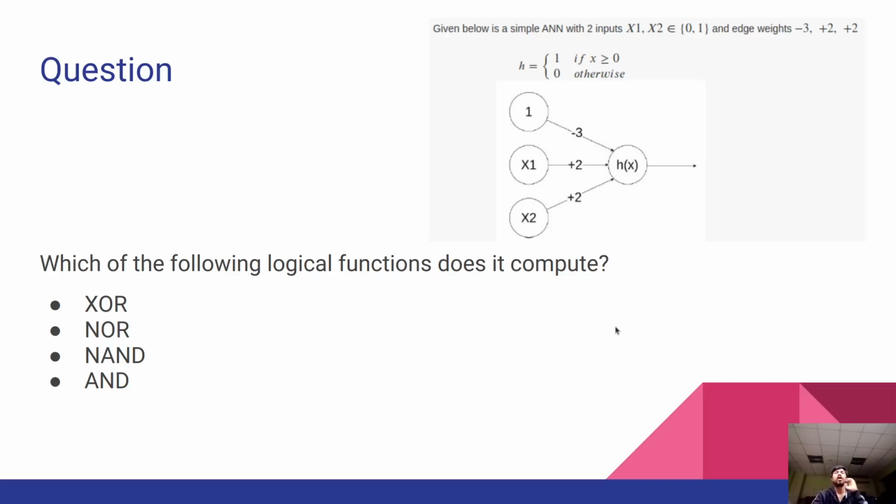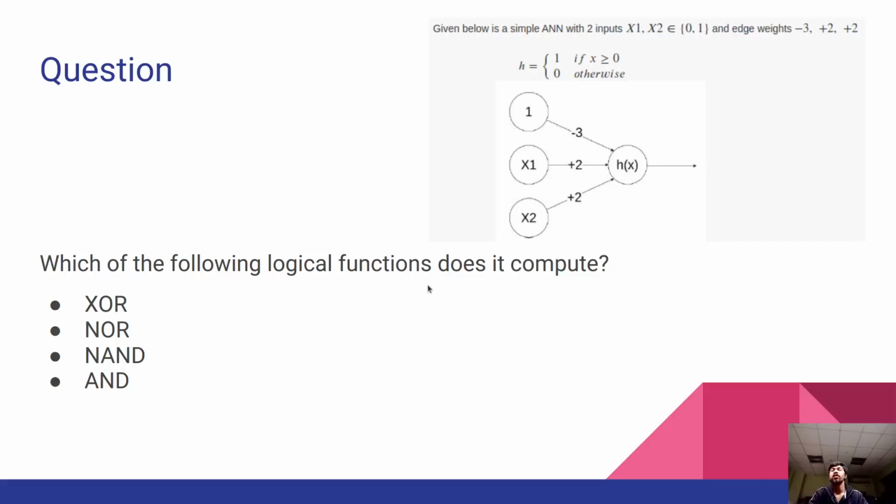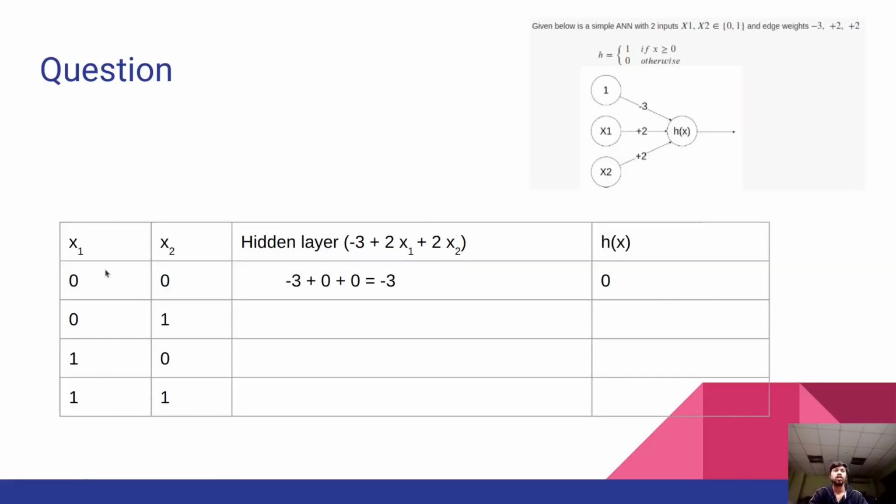I'll show you the solution. So I'll calculate every step here. Suppose these are the possible values, right? This one is always 1 because this is the bias, and x1, x2 are the inputs. So what can be the possible values? 0 0, 0 1, 1 0, 1 1.